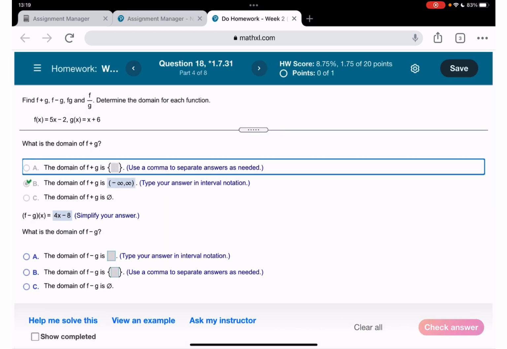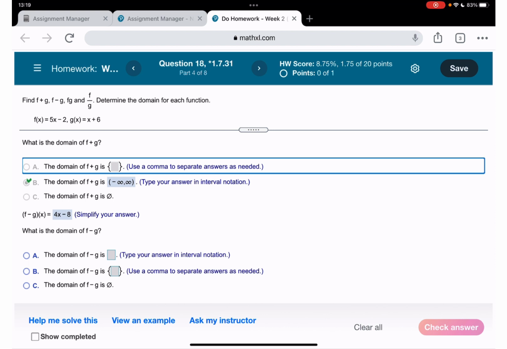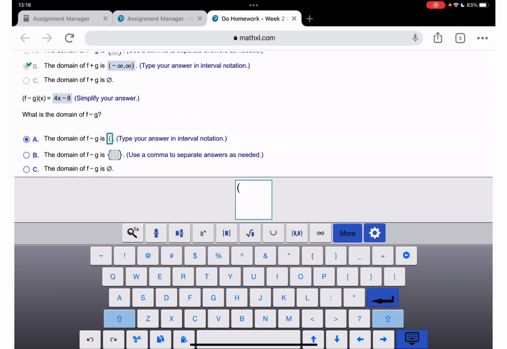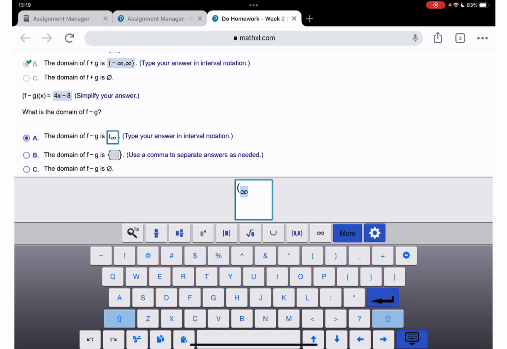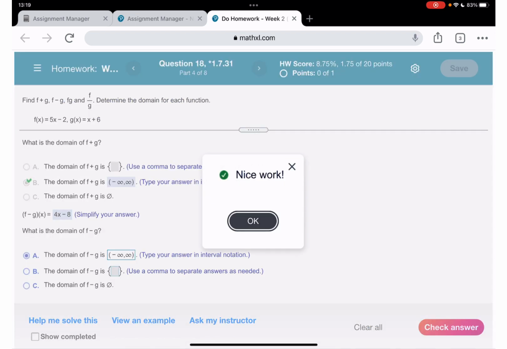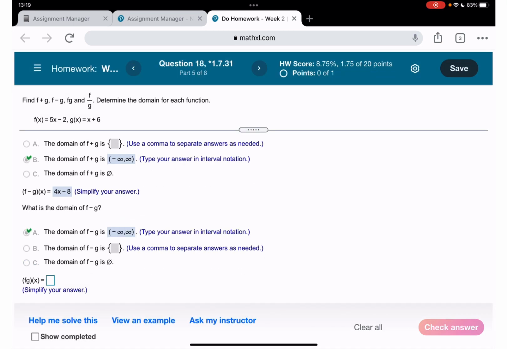Excellent. For the domain, because we don't have division by x, it's the same way: negative infinity, comma, positive infinity, with parentheses. Excellent. Next one, f times g.